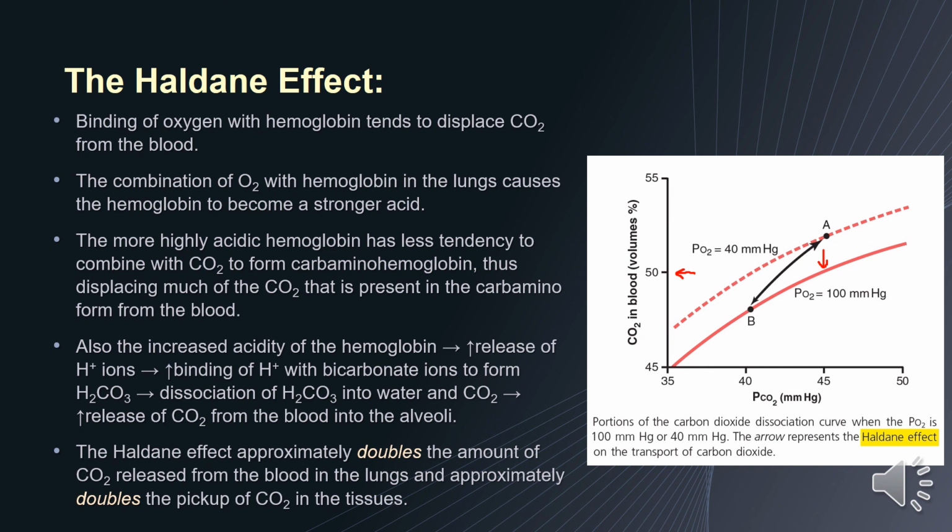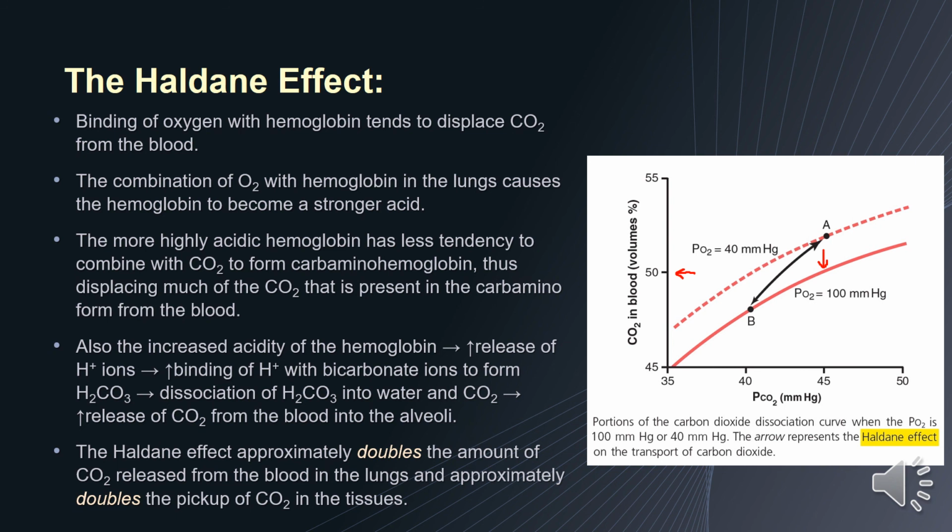There is another minor effect within the Haldane effect, that is, the increased acidity of the hemoglobin will increase the release of the hydrogen ion, and by increasing the hydrogen ion, this will increase the hydrogen ion available to be reunited with the bicarbonate ion to form carbonic acid, and carbonic acid will be dissociated into water and CO2, and more CO2 will be released, and this will end in the alveoli.